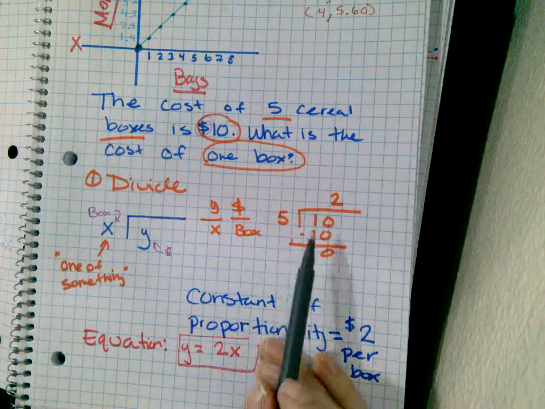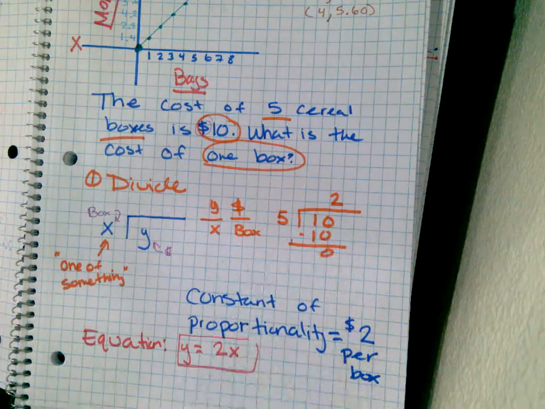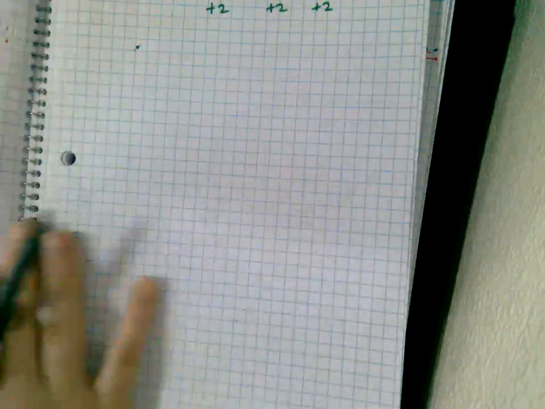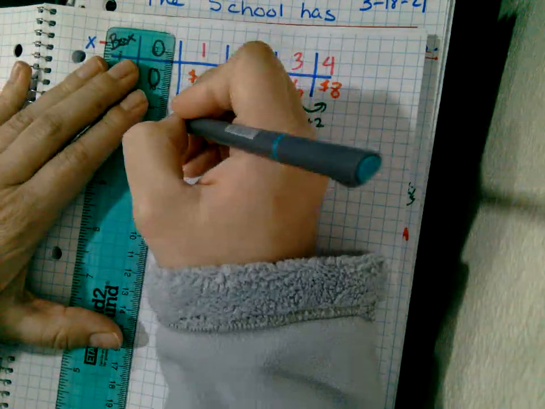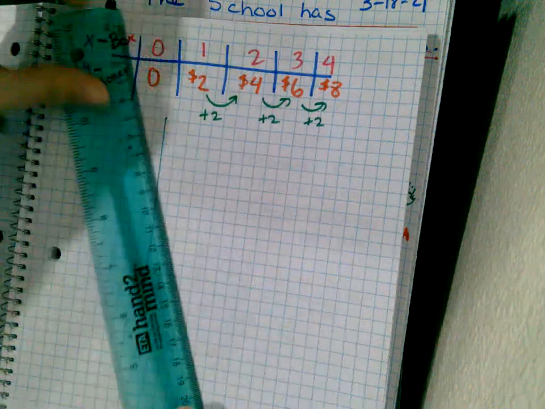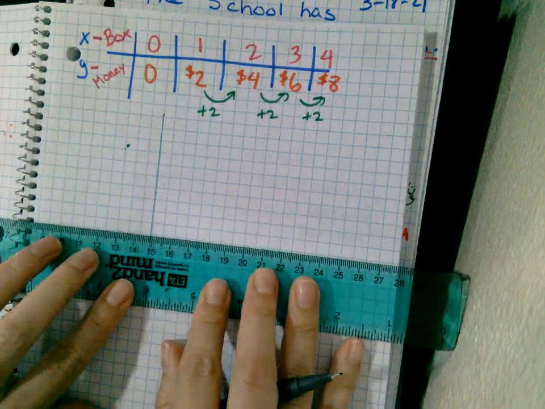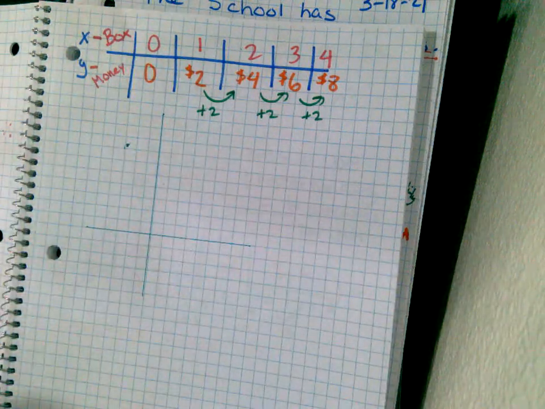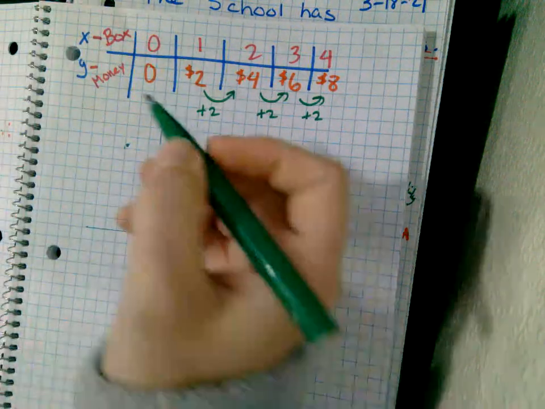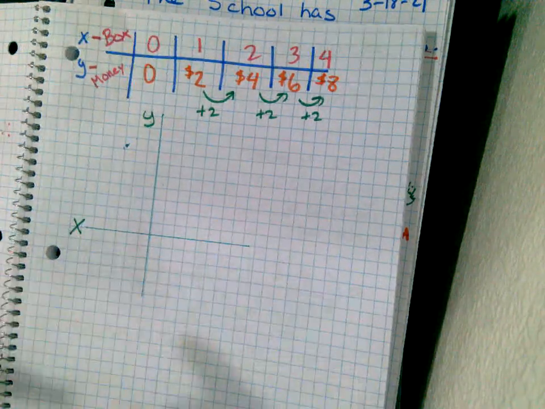So we said that the unit rate was 2. All right, so let's graph it. Got plenty of room on this one. We're going to start with your X and Y axes, just like so. This is my Y. This is my X. Get a head start.